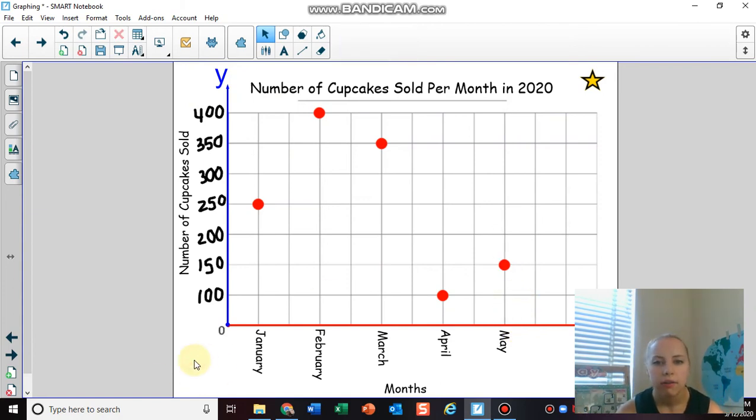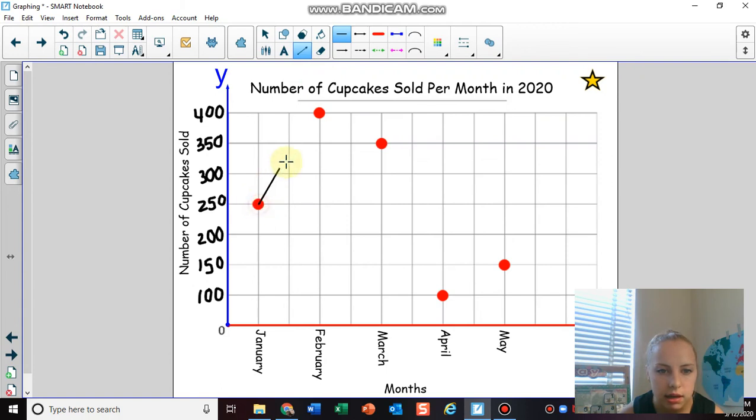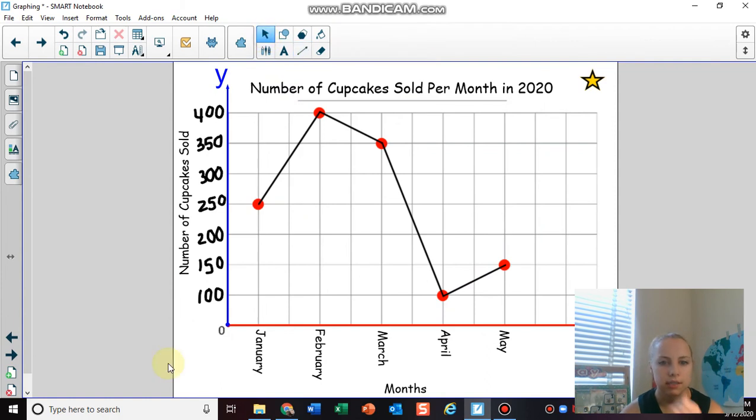Okay, now we have our random dots on our graph. We need to make our lines connecting those dots. And remember, when you connect them, you want to make those lines go right in the middle of your data points.